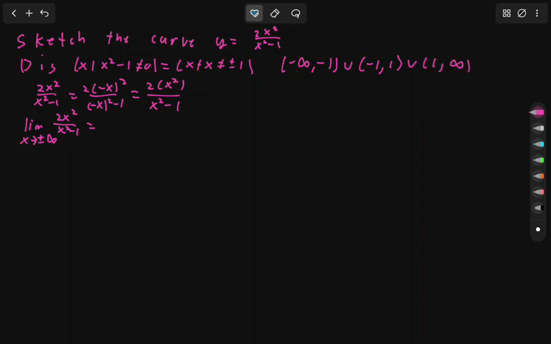So this function is going to look more and more like the limit as x approaches plus or minus infinity of 2x squared over x squared. Well, the x squareds will cancel, and this is just going to leave us an answer of 2. So the limit as x approaches plus or minus infinity will be 2.